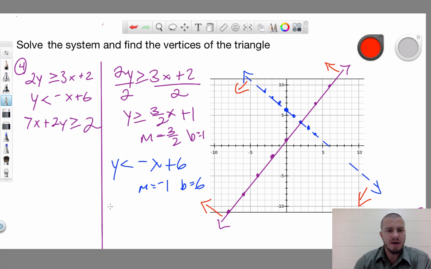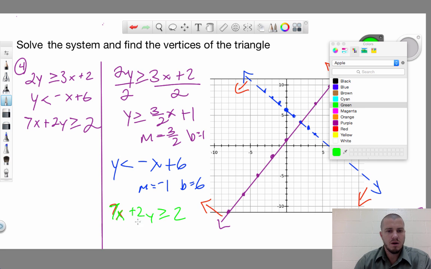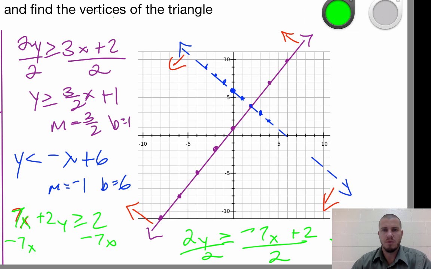And my last one I have to solve a little bit, and I'm going to subtract 7x. Divide by 2. I'm going to write it up here at the top so you can see it. Y is greater than or equal to -7 over 2x plus 1.